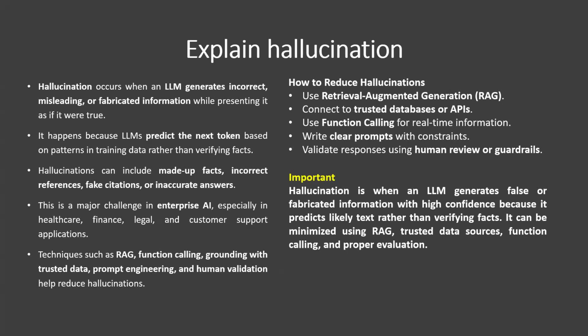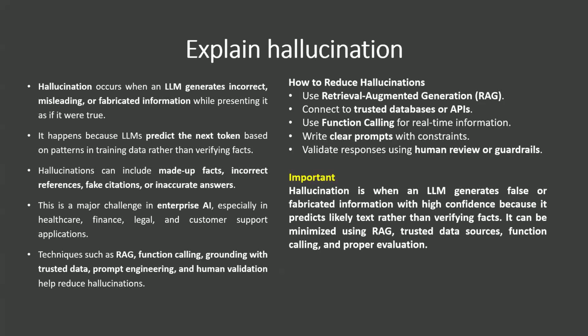Hallucination can include made-up facts, incorrect references, fake citations, or inaccurate answers. This is a major challenge in enterprise AI, especially in healthcare, finance, legal, and customer support applications. Techniques such as RAG, function calling, grounding with trusted data, prompt engineering, and human validation help reduce hallucinations.